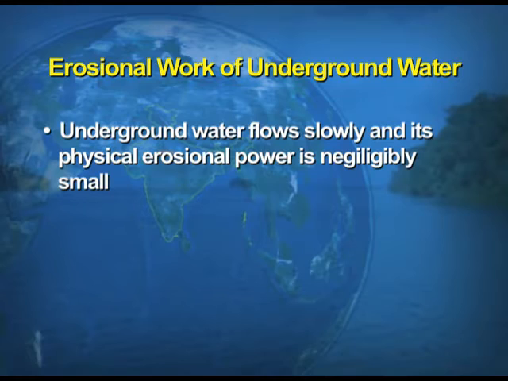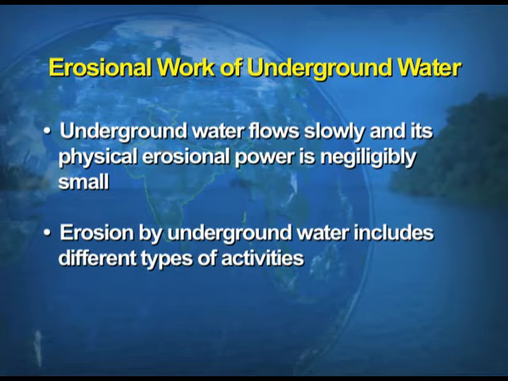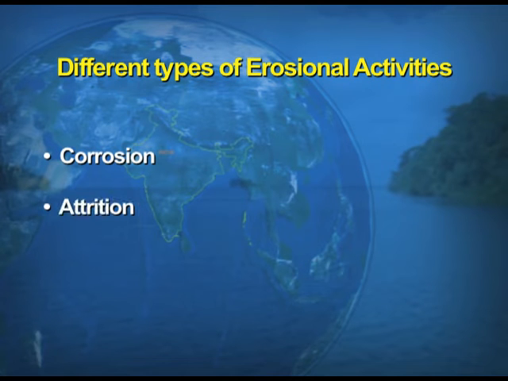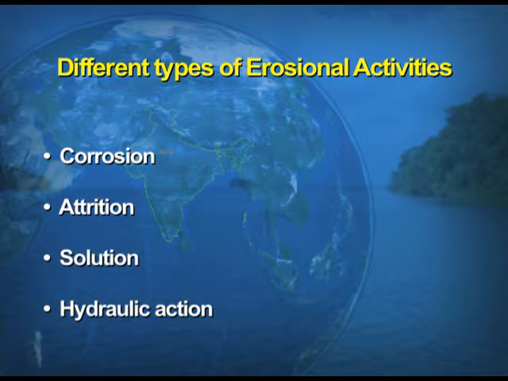Underground water flows slowly and its physical erosional power is negligibly small. Erosion by underground water includes different types of activities, for example, corrosion, attrition, solution and hydraulic action.